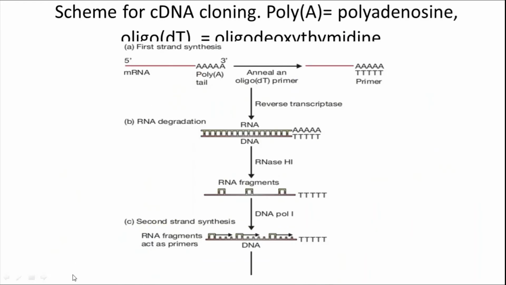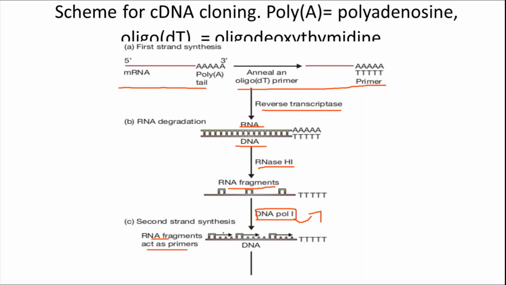Here is one more cDNA construction: poly A, with the adenine sequence added to the poly A sequences. Reverse transcriptase forms the first DNA-RNA hybrid, then RNase H treatment degrades the RNA, then DNA polymerase I, a very interesting enzyme, is added. It produces the Klenow fragment, which continues the extension, and finally the single-stranded DNA is converted to double-stranded DNA.